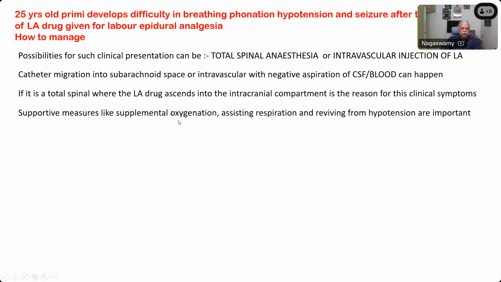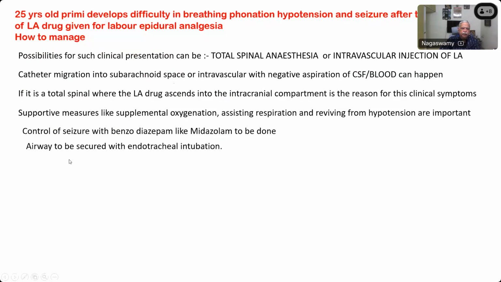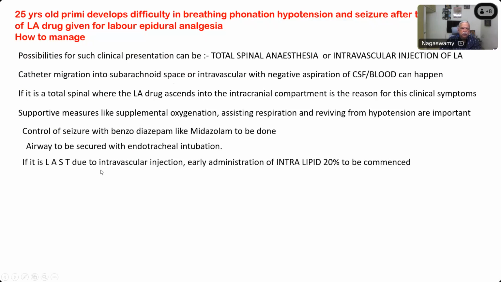Supportive measures like supplemental oxygen, assisting respiration, and treating hypotension are all needed for total spinal. Control of seizures with benzodiazepine or midazolam can be done. The airway is to be secured with an endotracheal tube in these cases. And if it is LAST due to intravascular injection, early administration of intralipid is to be commenced.